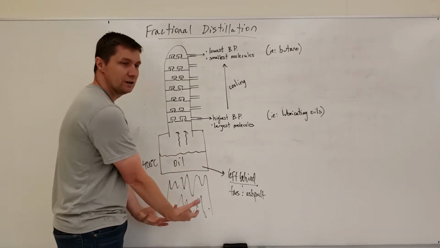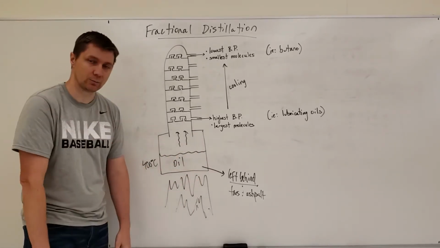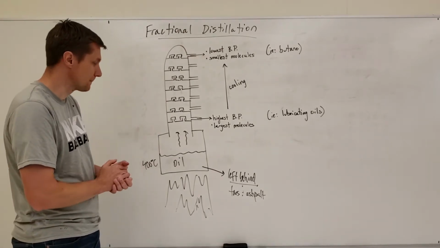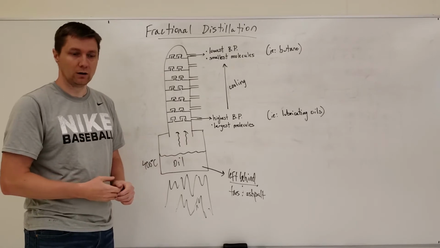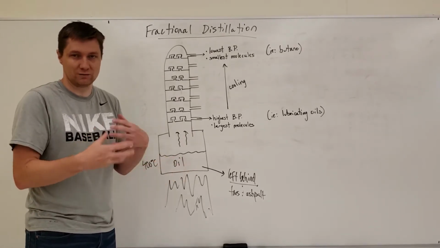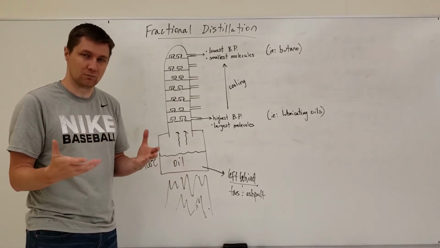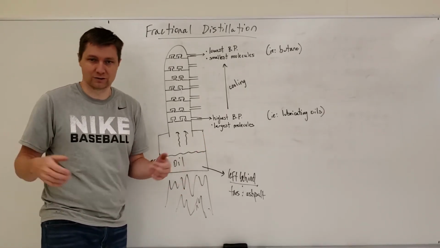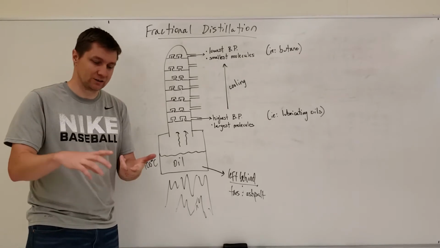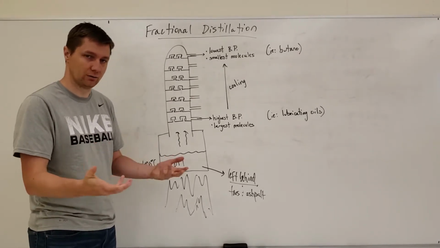And these drums are heated up to a really high temperature, about 400 degrees Celsius. Most of the substances in crude oil, this is a mixture, right? There's lots of substances mixed in that make up crude oil. They all have different boiling points because they're all different substances. They're going to be different sizes, or their polarity is going to be different, or whatever.